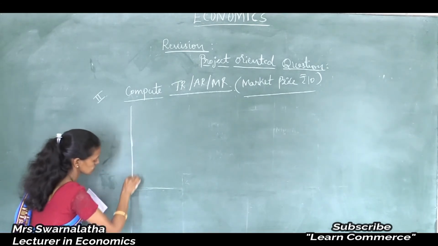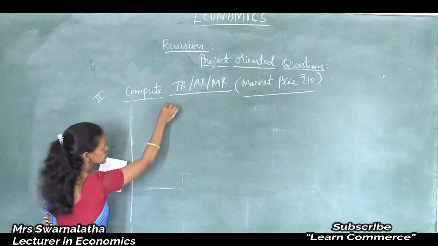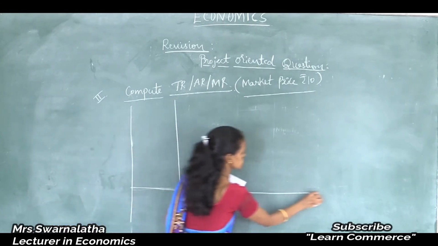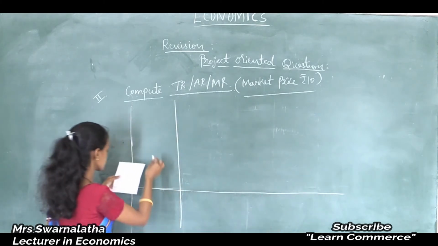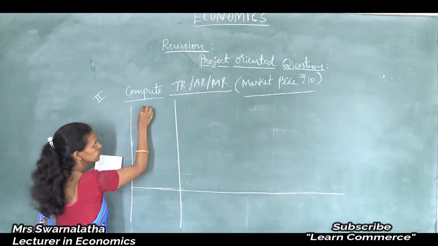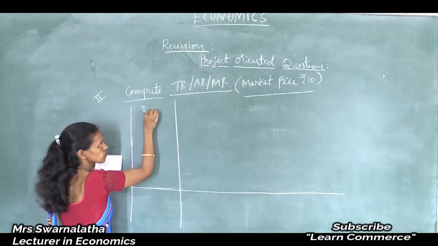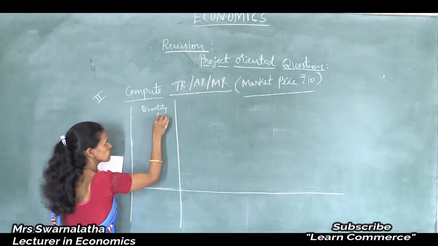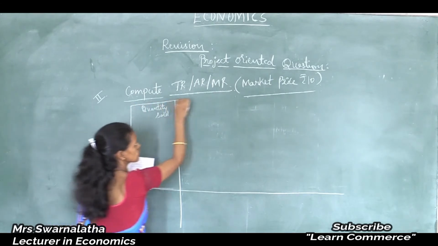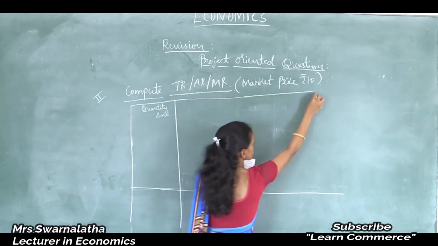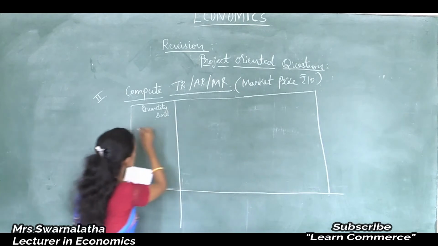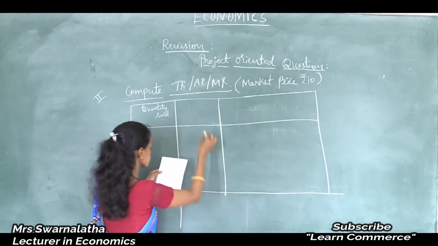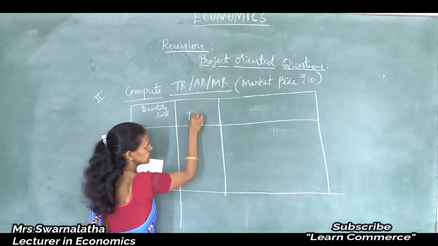First column is quantity sold. Second column is TR.